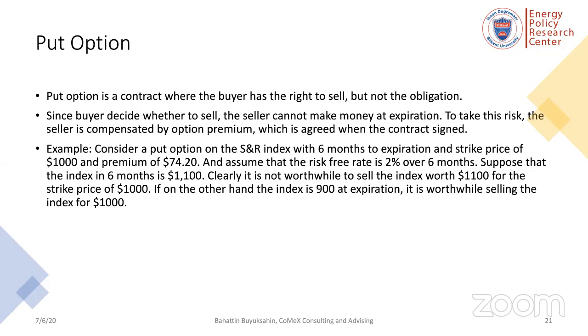If, on the other hand, the index is 900 at the expiration, the strike price offers the put option buyer a much better price. So he will exercise his rights.